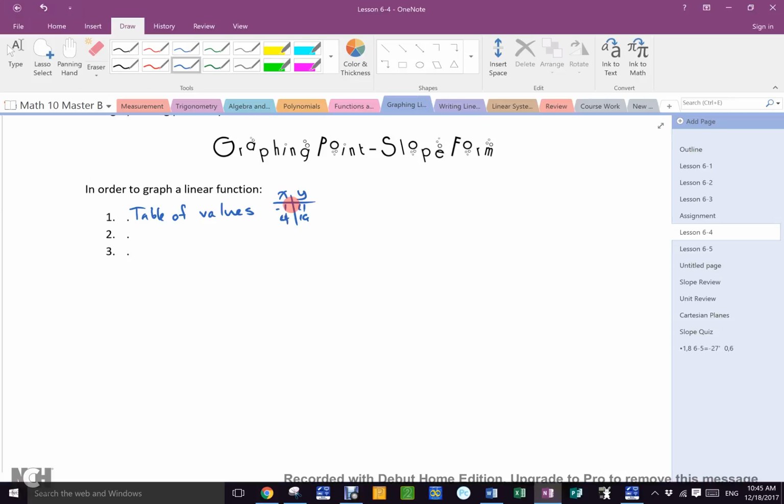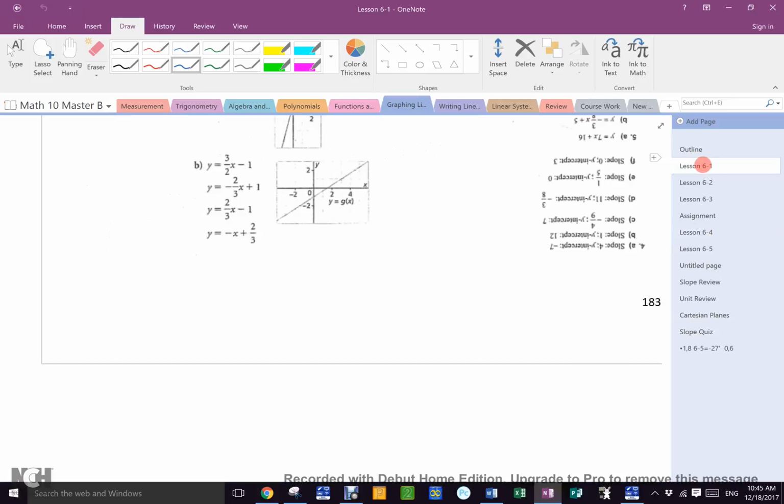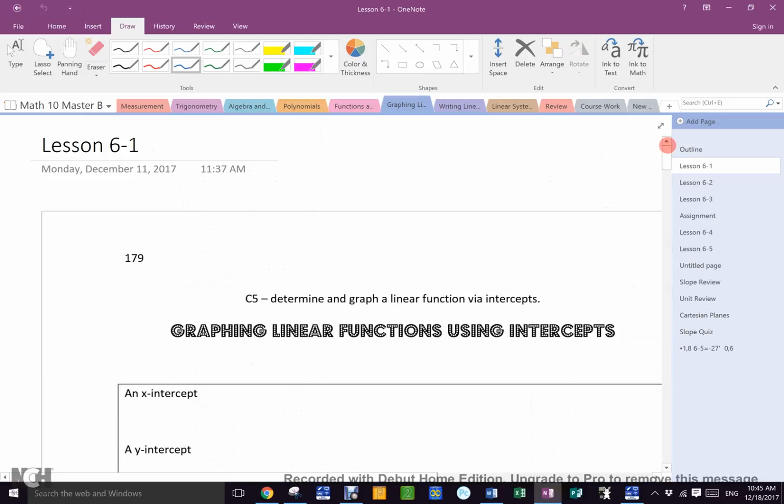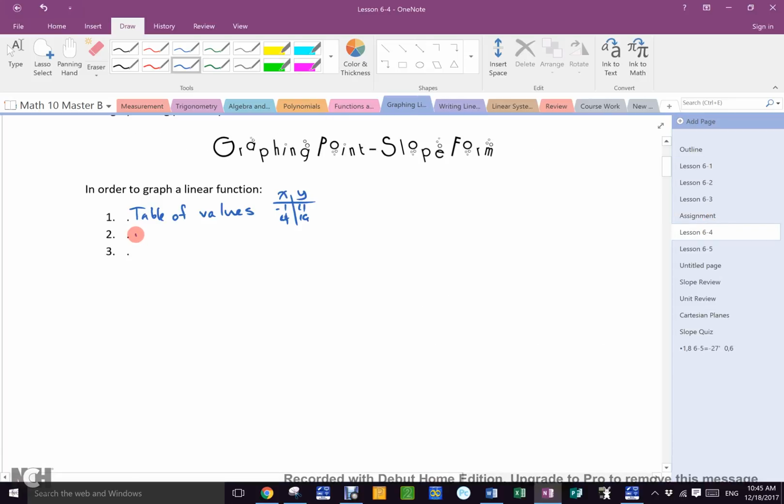When you arrived in grade 10, at the beginning of this unit, the first way I taught you to graph anything was using what? Intercepts. X and Y intercepts. That was the first thing you learned in grade 10.